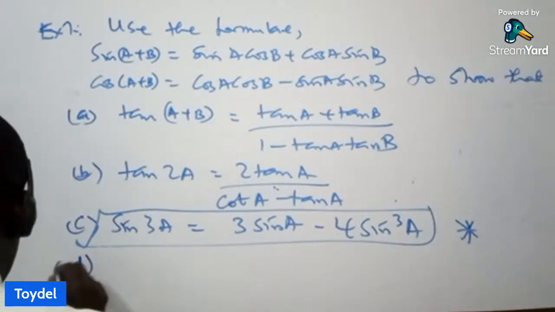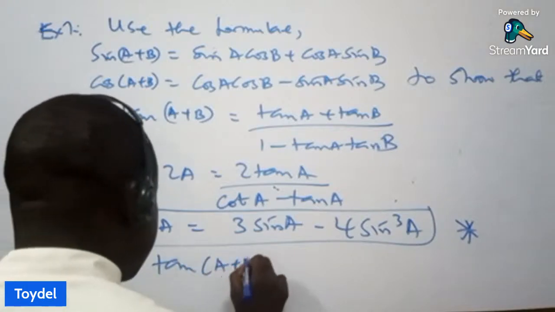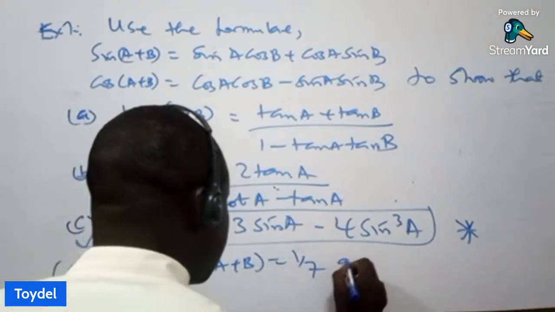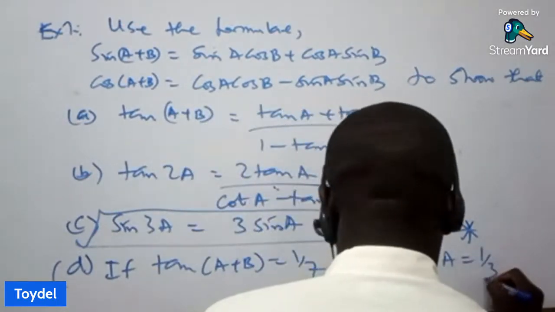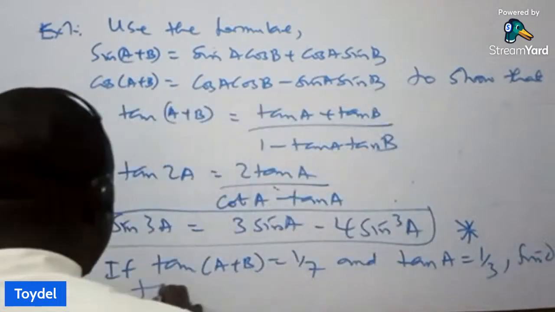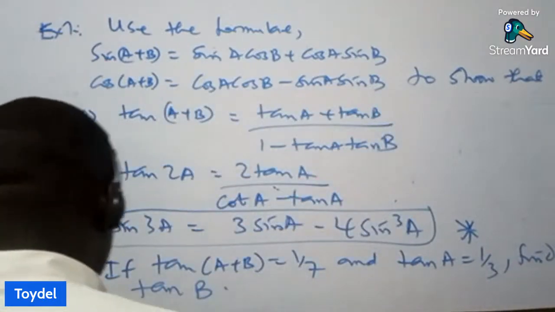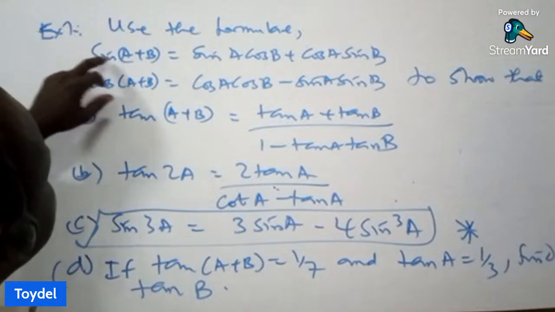Then the last one, the question says if tan (A plus B) is equal to 1 over 7 and tan A is equal to 1 all over 3, find tan B. So this is the question.